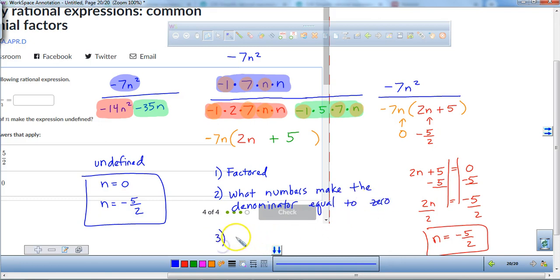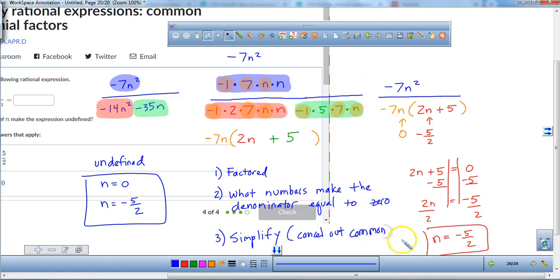And step 3, the last thing I have to do is simplify, which basically means I have to cancel out common factors. And I wish my handwriting was better, but this is a board that is very difficult to write on.